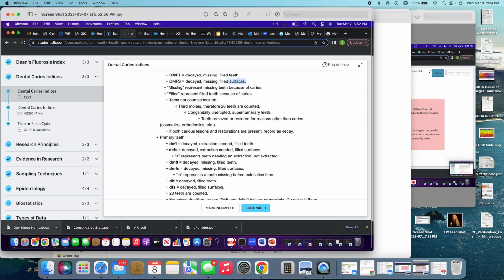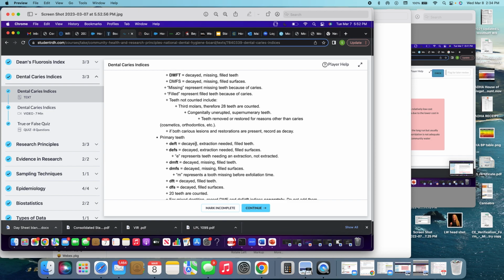The other instance, right, is to remember that the E in DEF is looking at extraction needed, right? It does not represent teeth that have been extracted. So DEF is looking a little bit more at current disease, right?